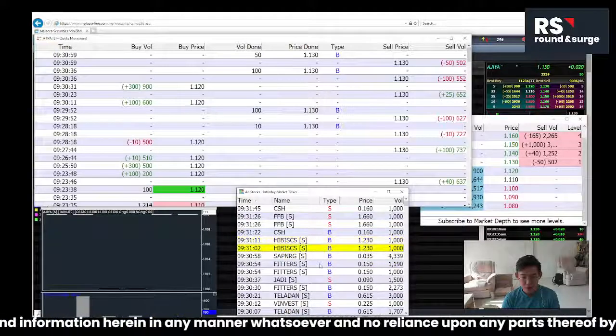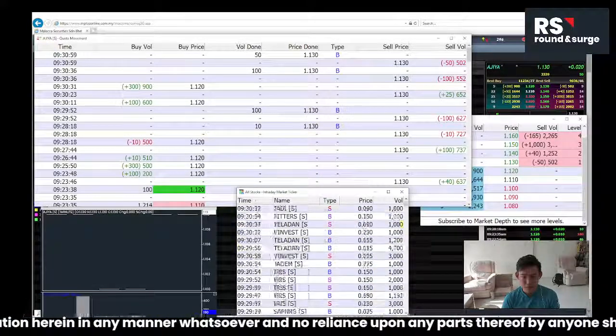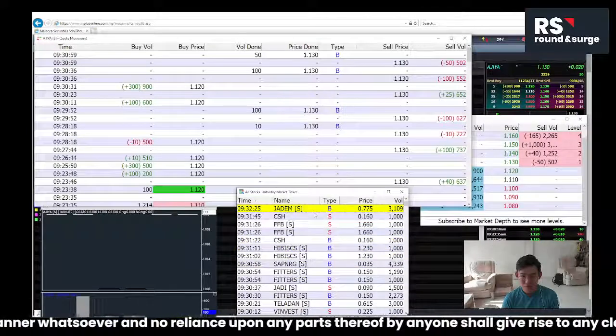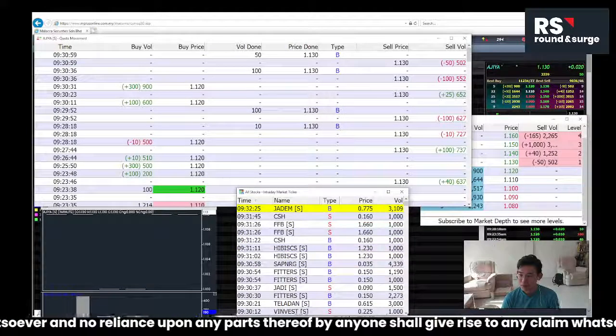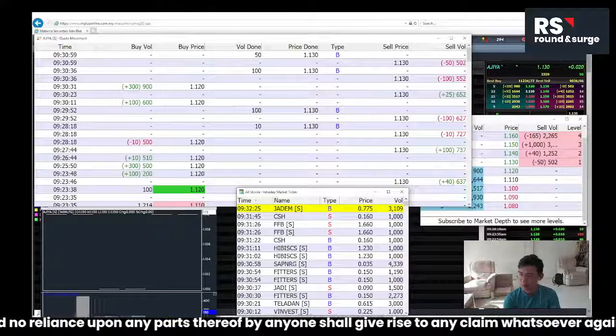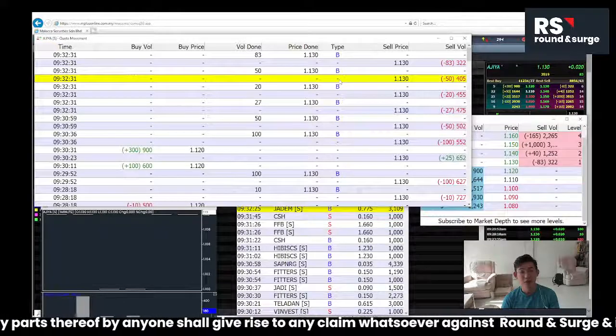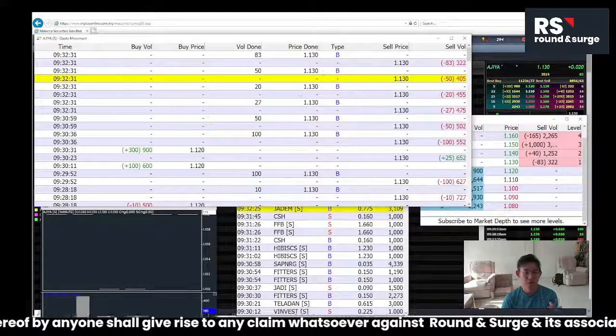Basically, the market is quiet. You can see on the intraday market ticker there's nothing new coming up. 113 is clearing. It's not clearing, but it's taking.